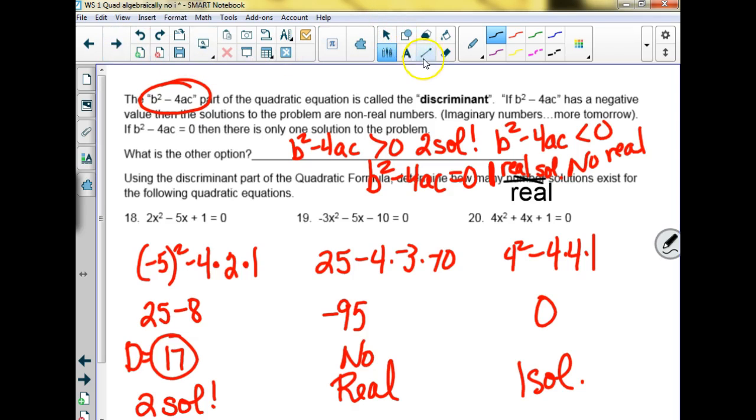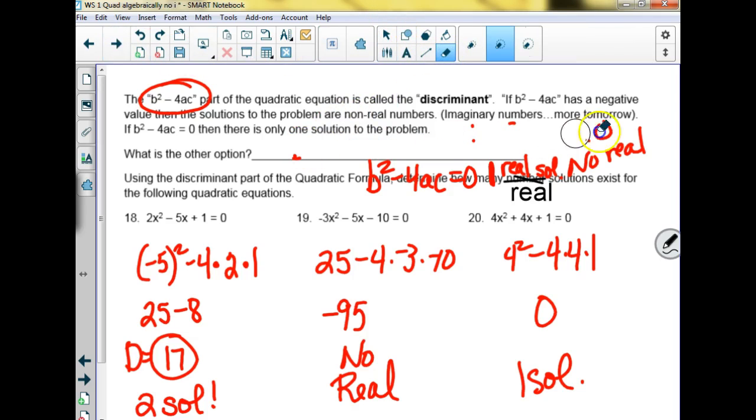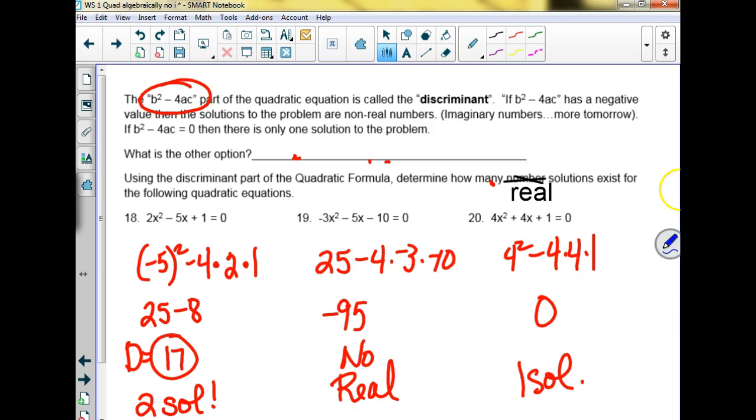I hope you got this part when I was going real fast here. The deal is, it says here that if this is equal to 0, then there's only 1 solution. If this is negative, then there are no real solutions.